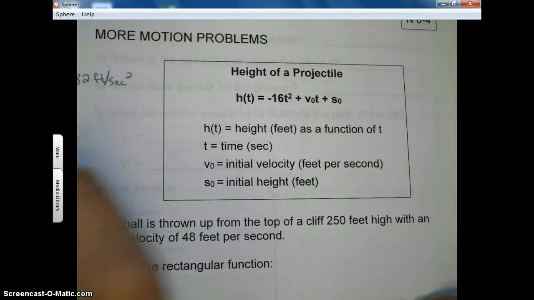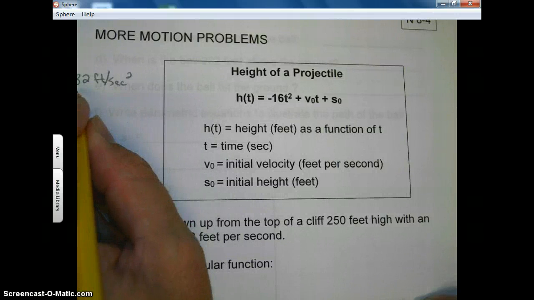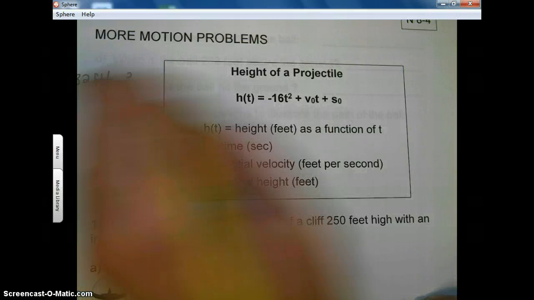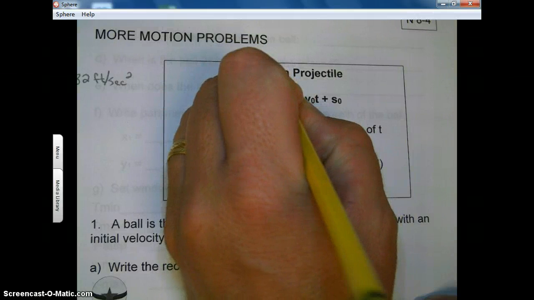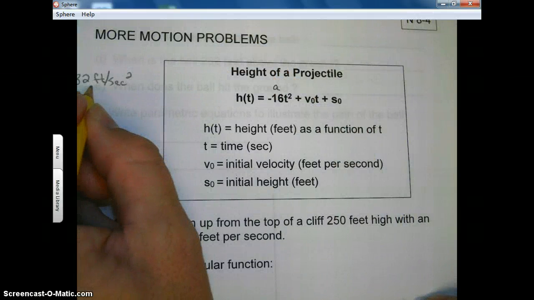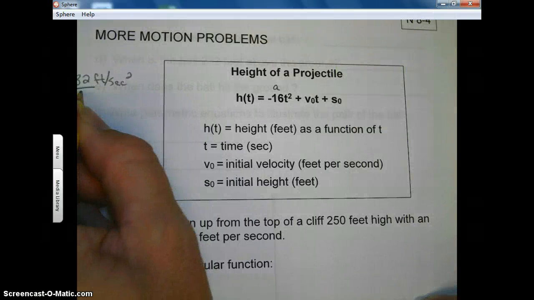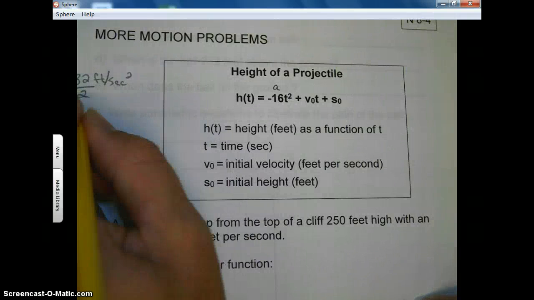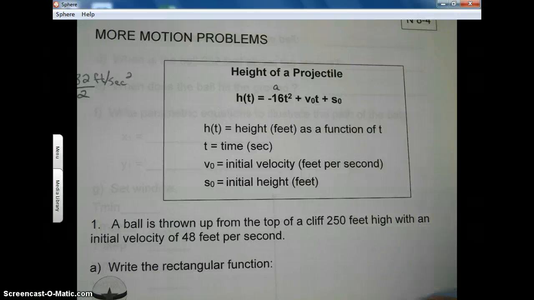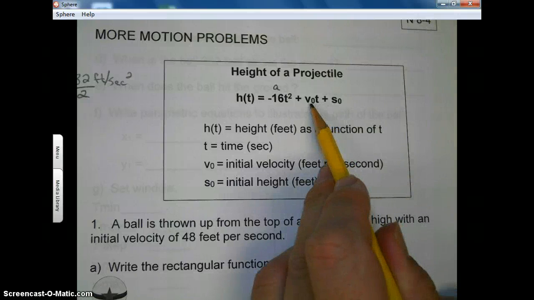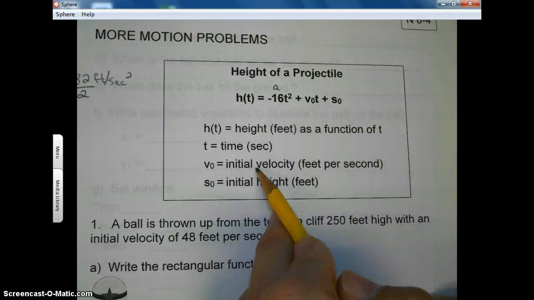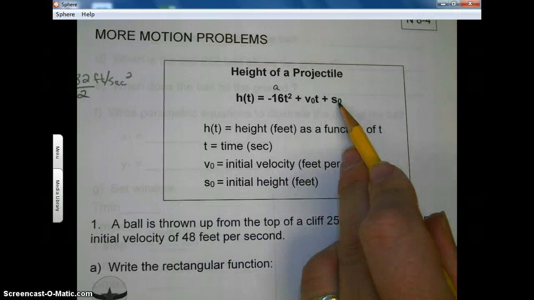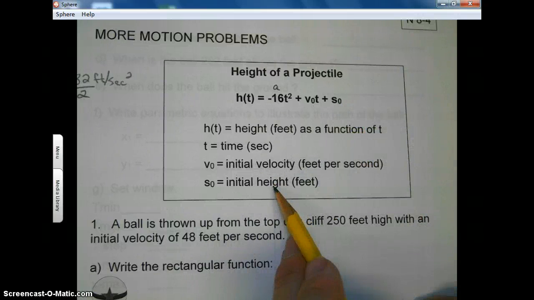So we take half of that to get the acceleration from gravity, which is right here. The acceleration from gravity is going to be 1/2 of that, and that's how we get -16. Okay, v sub 0, initial velocity, s sub 0, our initial height.